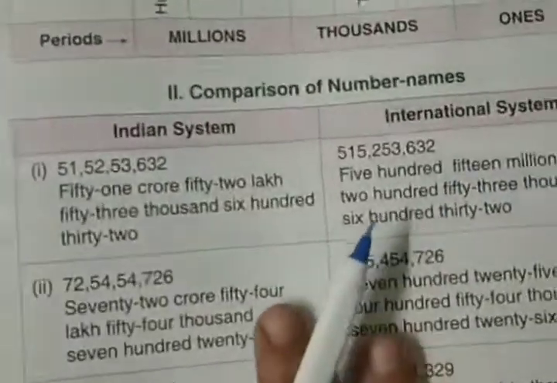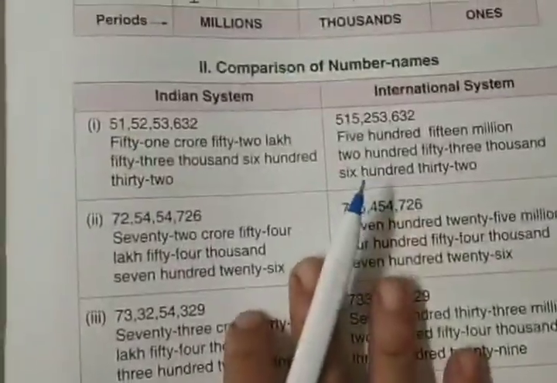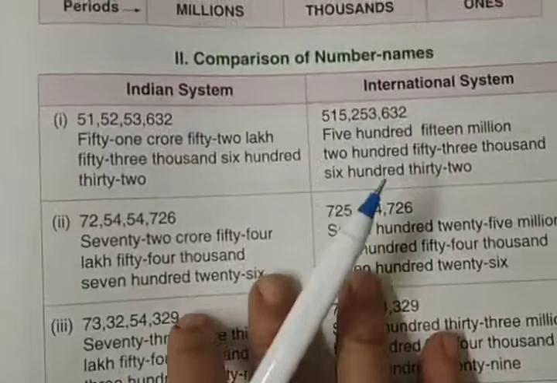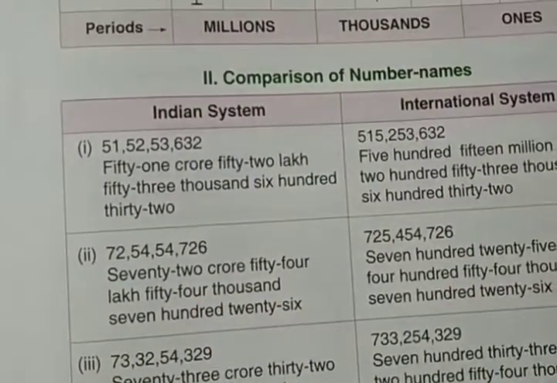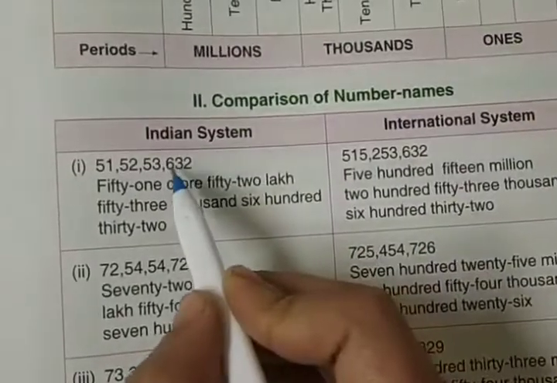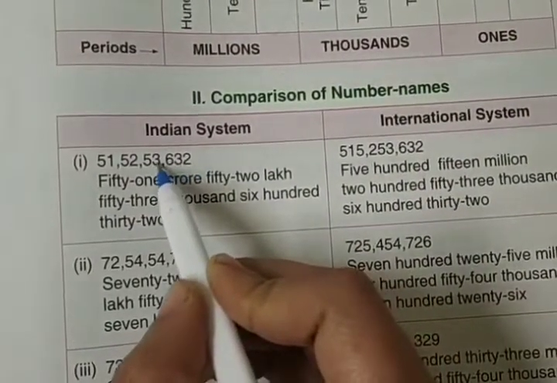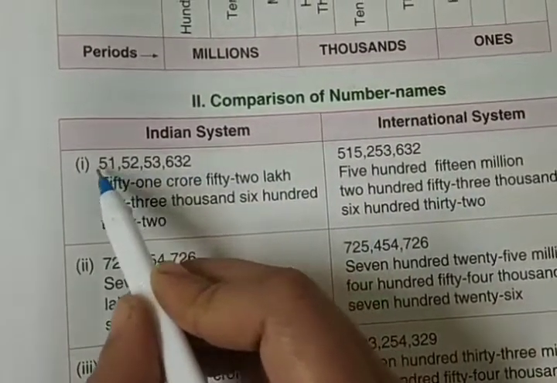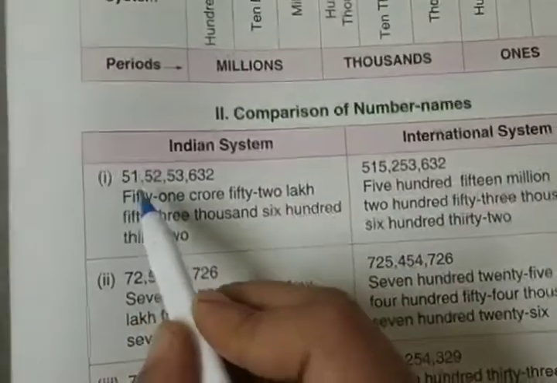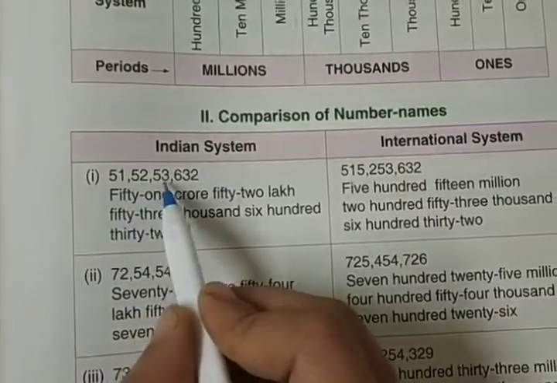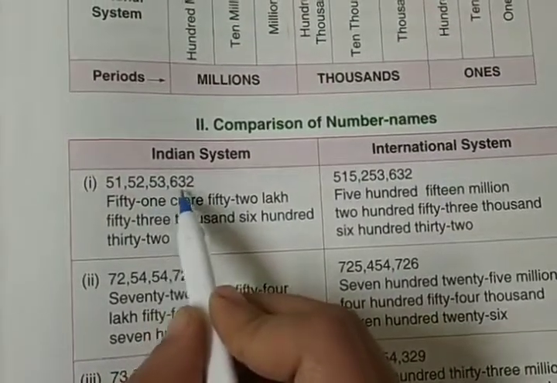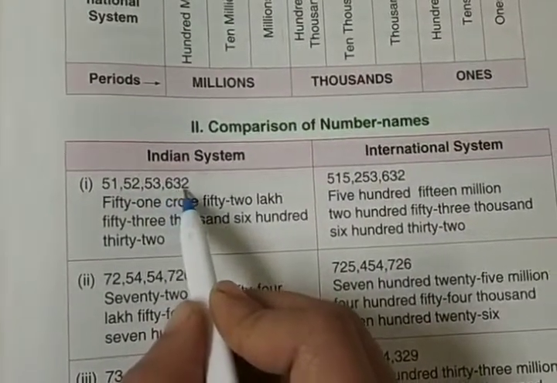Now let us compare the numbers in the Indian system of numeration and the international system. In this example, you see ones, tens, hundreds, thousands, 10,000s, lakh, 10 lakh, crore and 10 crore. So this is 51 crore, 52 lakhs, 53,632.